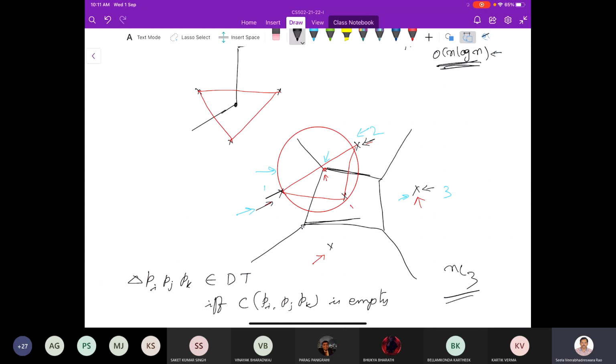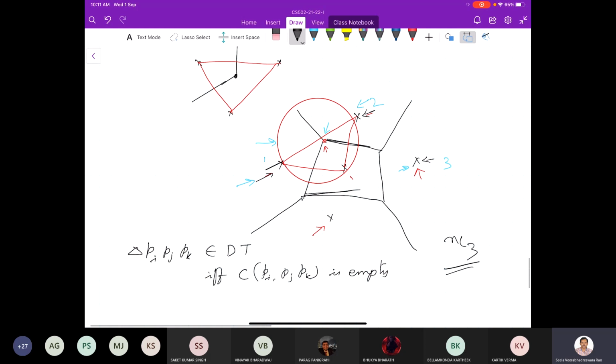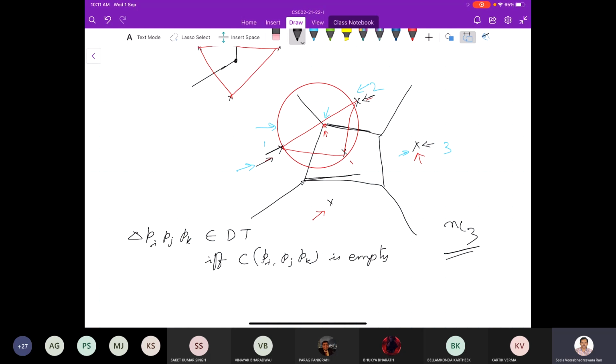So this is the definition directly from the input points. Of course, we are not using the Voronoi diagram, but there is a one-to-one correspondence between them, so we can always get a corresponding property in the Voronoi diagram.